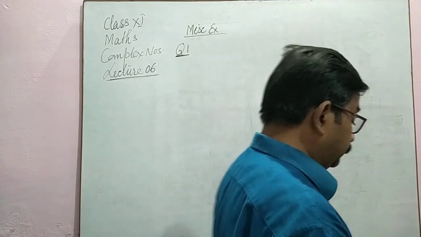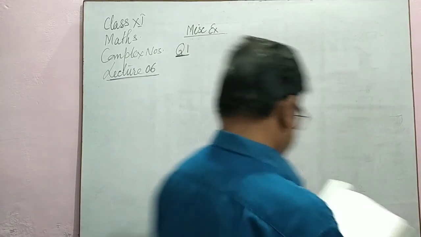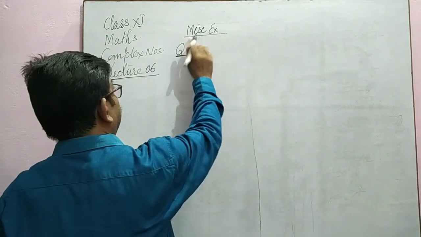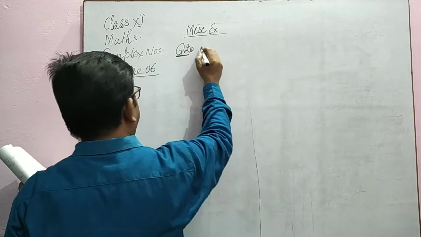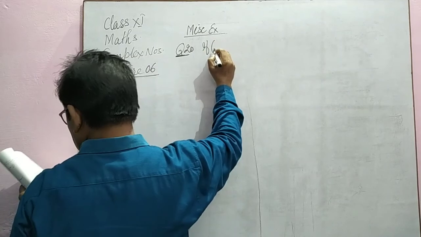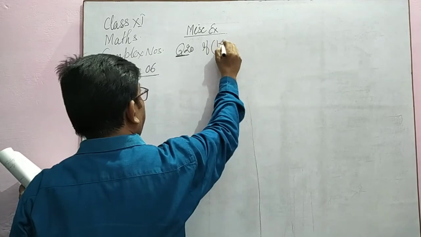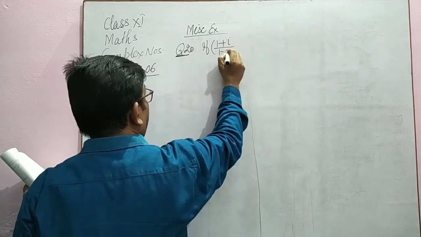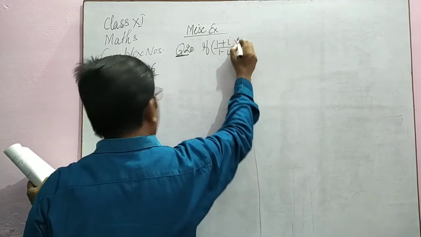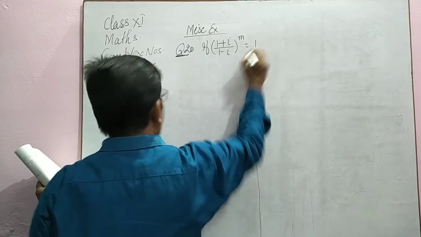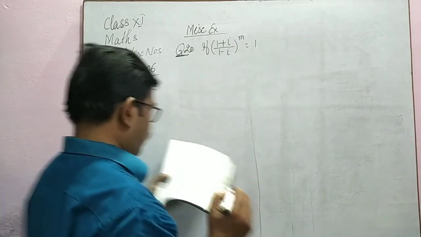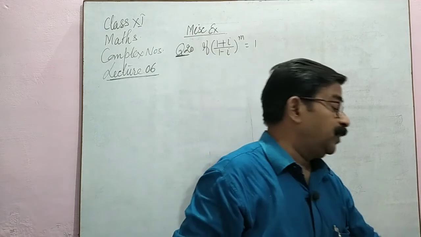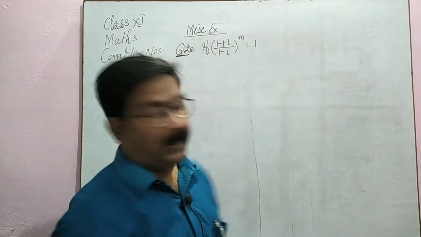If (1 plus i upon 1 minus i) whole to the power m is equal to 1, then find the least positive integral value of m. So we have to find the value of m.